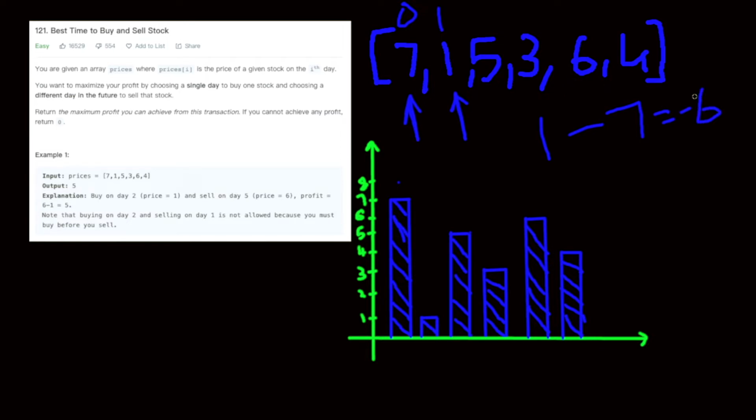So you don't want to do that. What you want to do is find the point where you can buy at the lowest price and sell at the next highest price.